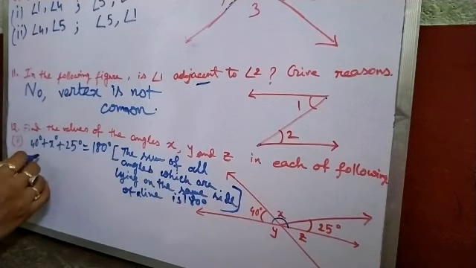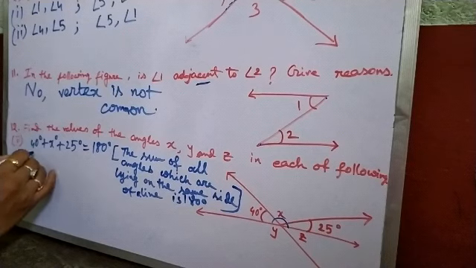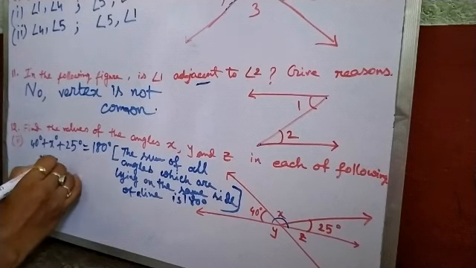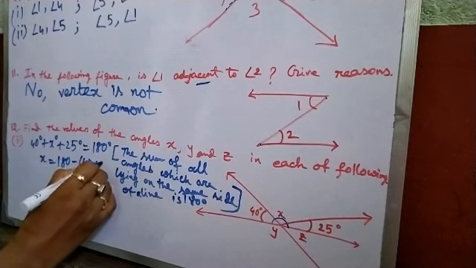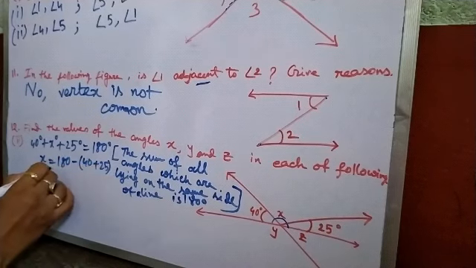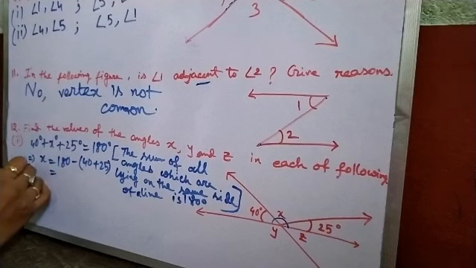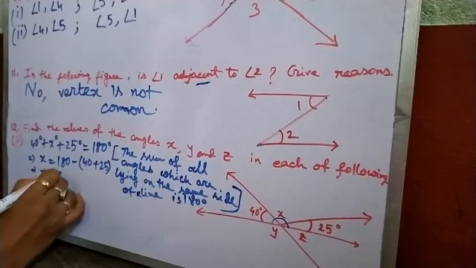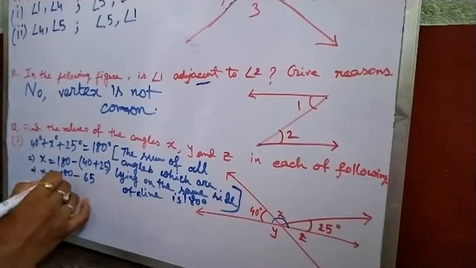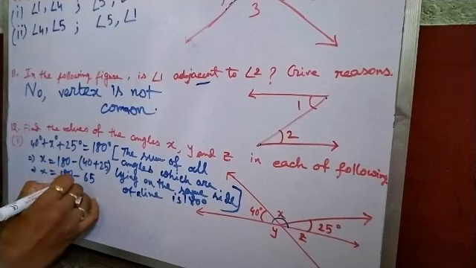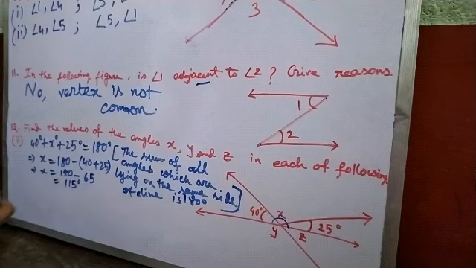So from here we can find the value of x. x equals 180 minus (40 plus 25), x equals 180 minus 65. Then x equals 115 degrees.